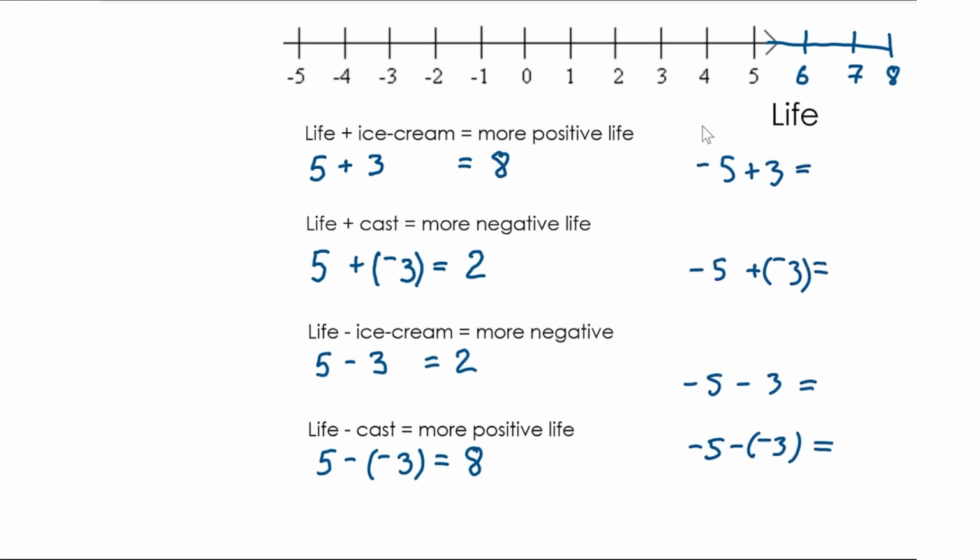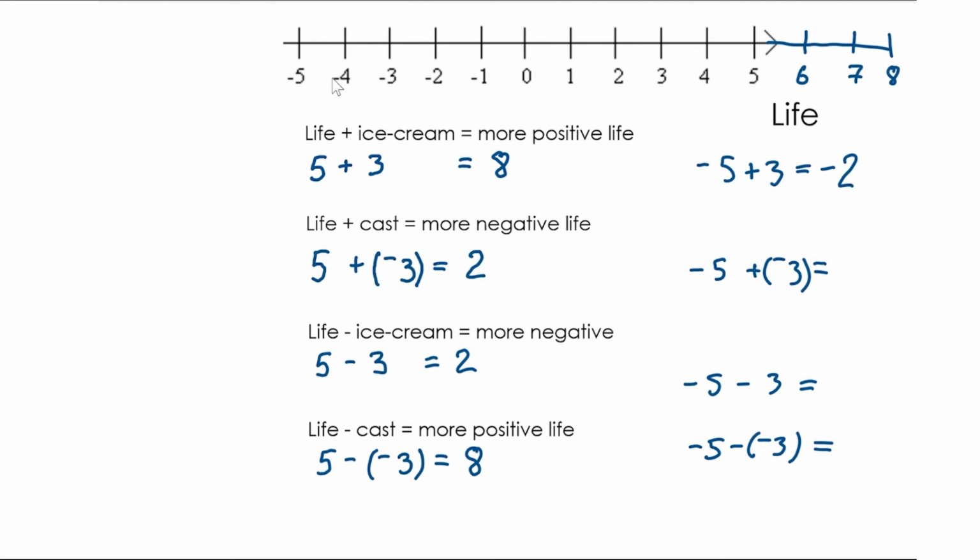Okay, so what happens if your life is already negative? Well, exactly the same logic should apply. Let's say your current level of life is -5, so it's pretty bad, but you add into it something positive. Then it should become more positive. So if you start from -5 and you add that ice cream with a value of 3, it should become more positive by 3 points. So -5 and you add 3, 1, 2, 3, you should end up with your life at level -2.